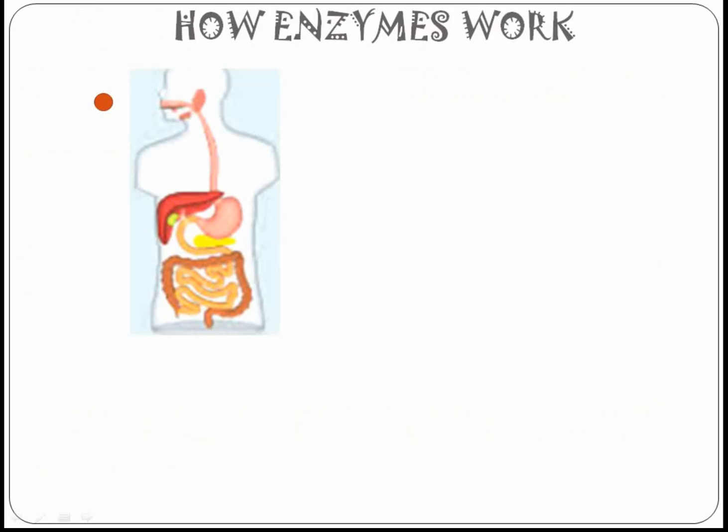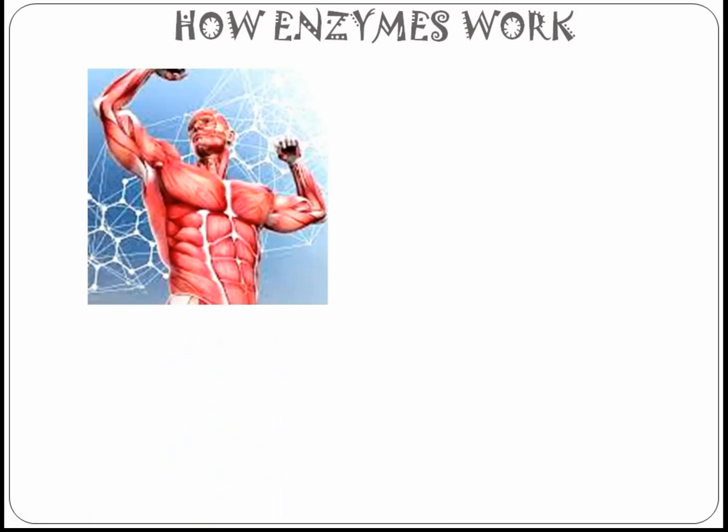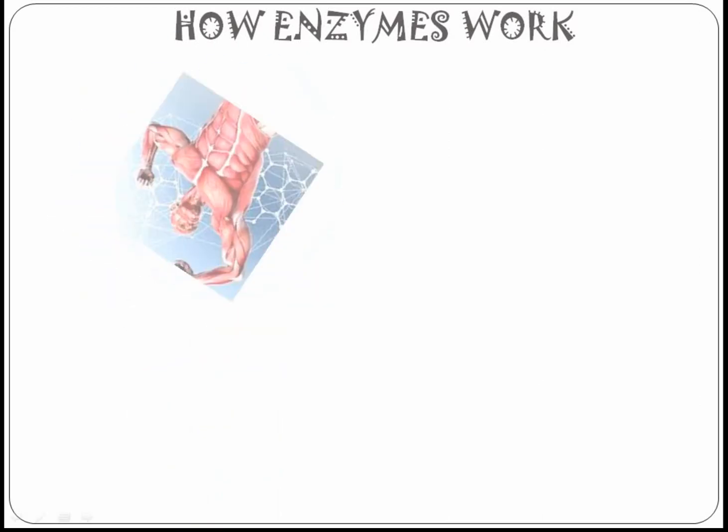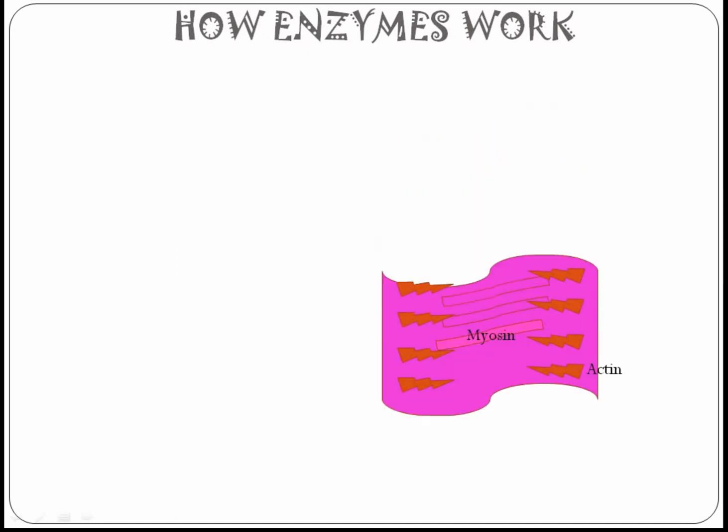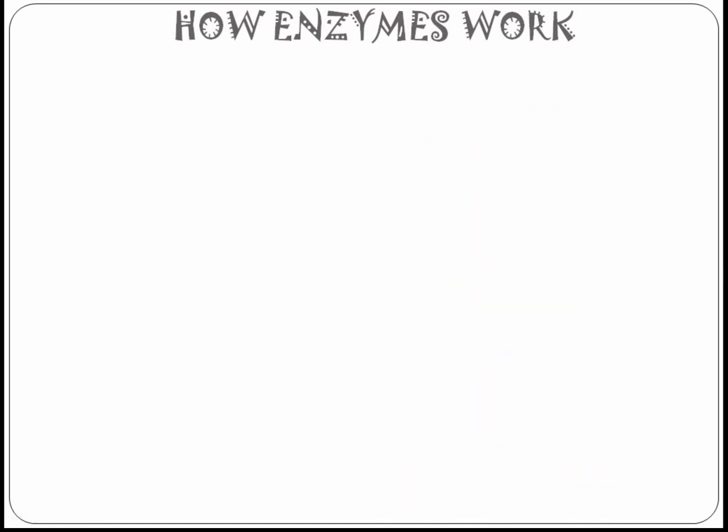Since enzyme is actually involved in each and every reaction of our body, from digestion to absorption to muscle contraction via actin and myosin filament in muscles, to everything. Enzyme is present everywhere and it's involved in each and every reaction that is taking place within the body of a living being.